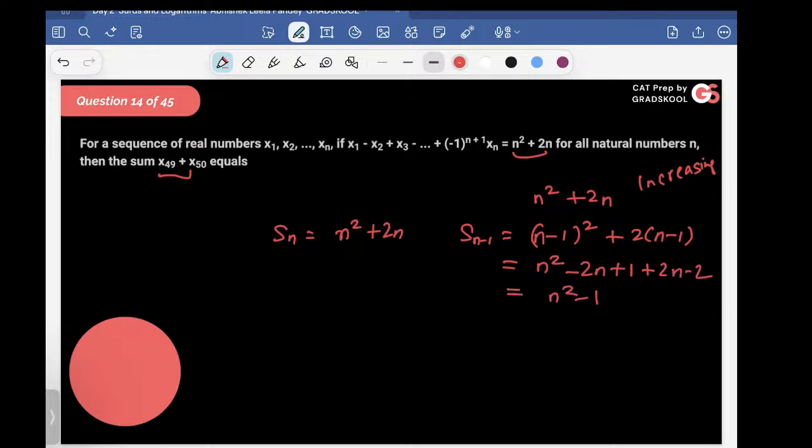So इन दोनों का डिफरेंस जो आएगा वो क्या आएगा मेरे पास? n² + 2n minus (n² minus 1), which gives me 2n + 1.